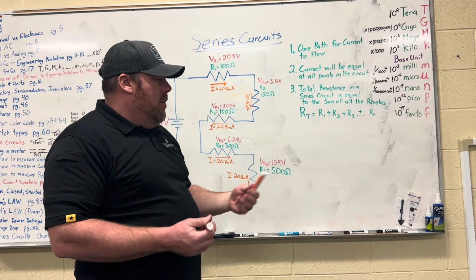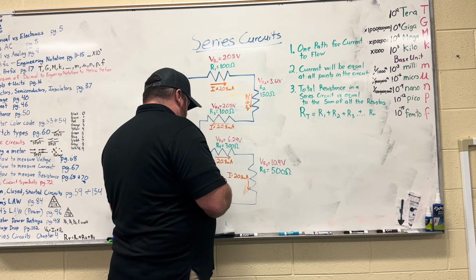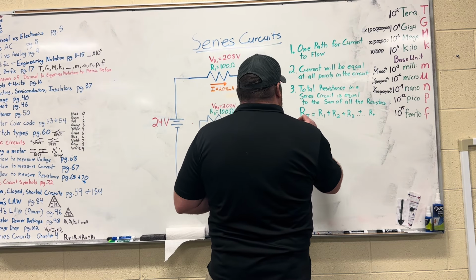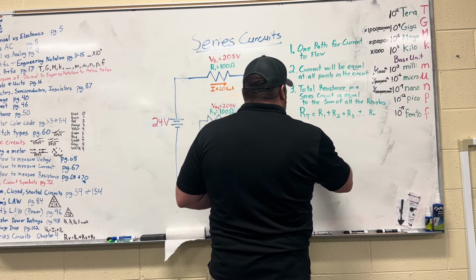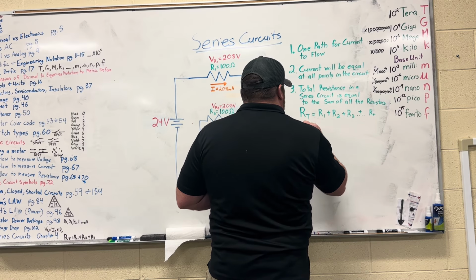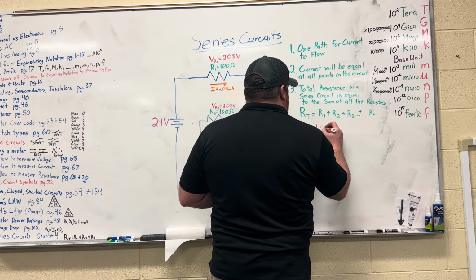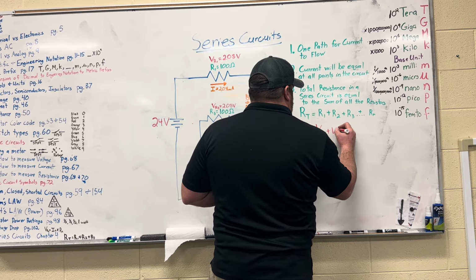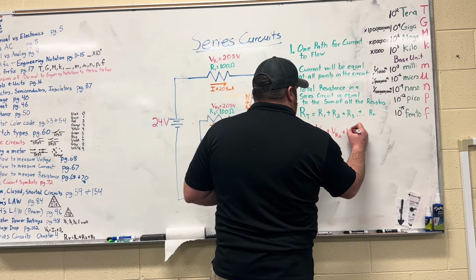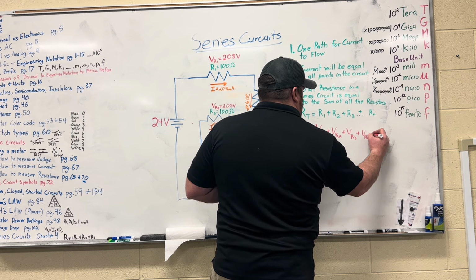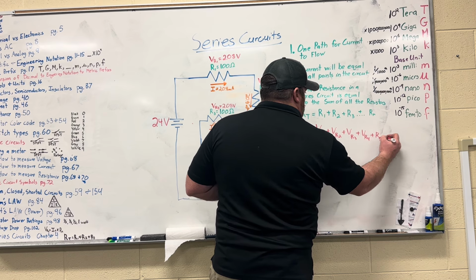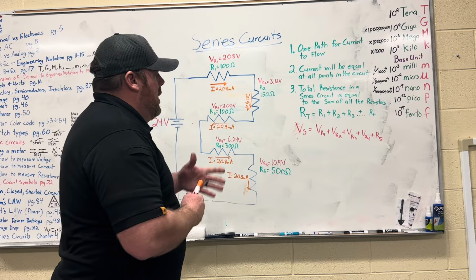We also mentioned in the last video Kirchhoff's voltage law, which states that the sum of the voltage drops will be equal to the source voltage in a series circuit.